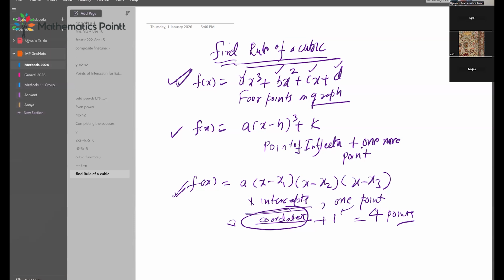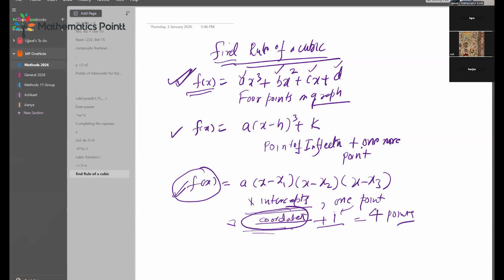If the coordinates are random coordinates, then you should use, and you can only use, the first form. But if those coordinates happen to be the x-intercepts and you need all 3 of them and one random point, then in order to save time, you should use the third equation and not the first equation, though you can use the first equation as well, because eventually the x-intercepts are still coordinates.